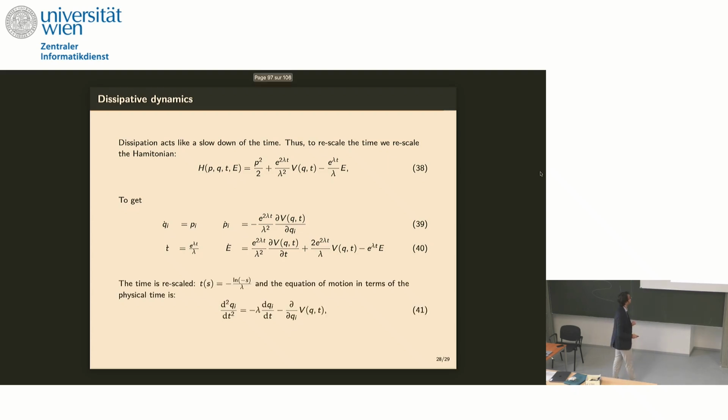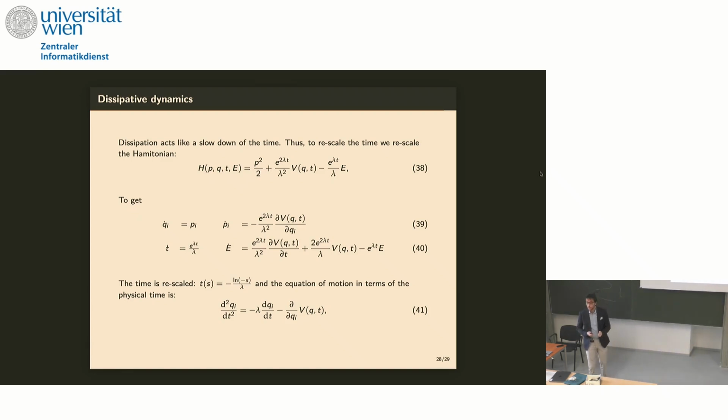But this actually is very nice, because if we rescale all of this, you can go into a symplectic form, because you will just get a log in the new definition of your time. And if you rewrite the dynamics of your system, you get that indeed the equation of motion is the one you expect, with the usual potential which drives your system, plus a dissipation part with the coefficient lambda.